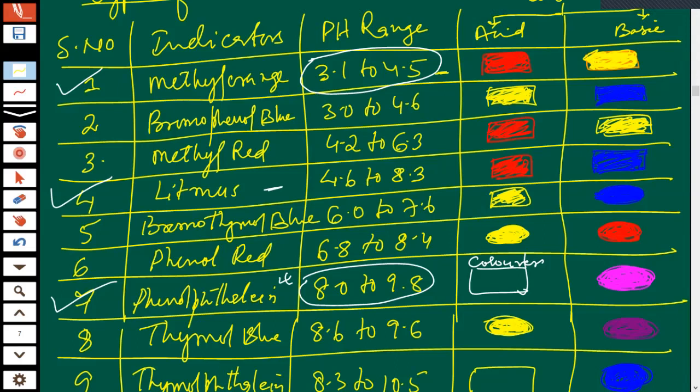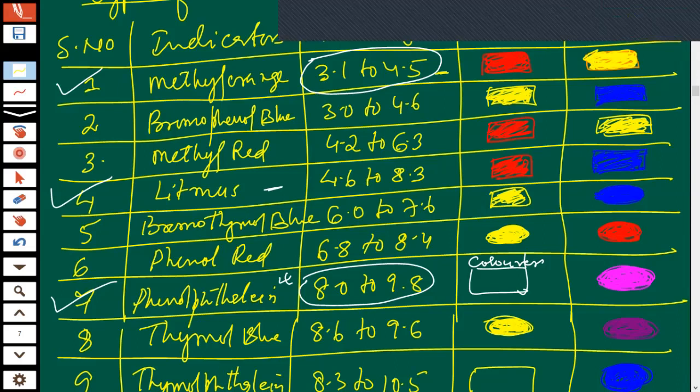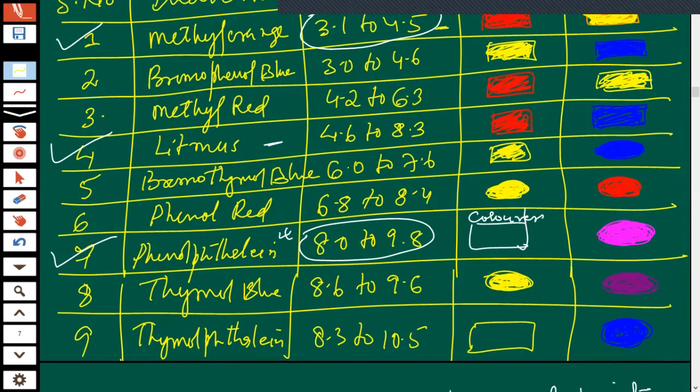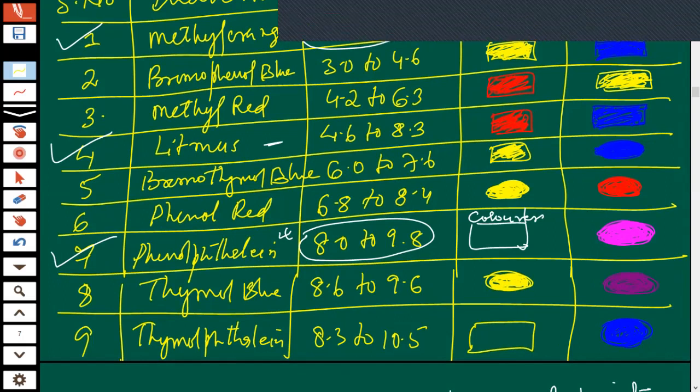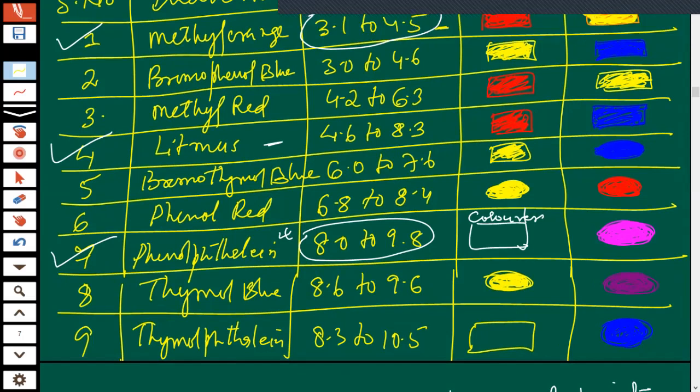They will not change. So once you learn them, they will be useful throughout life. Phenol red, phenolphthalein, thymol blue, thymolphthalein. Their ranges and colors you will slowly learn when you are going to use them.